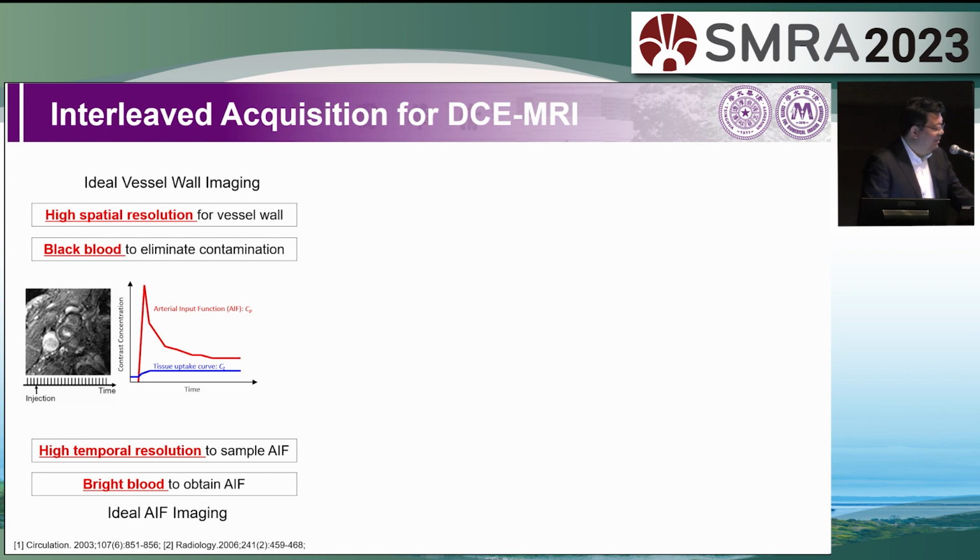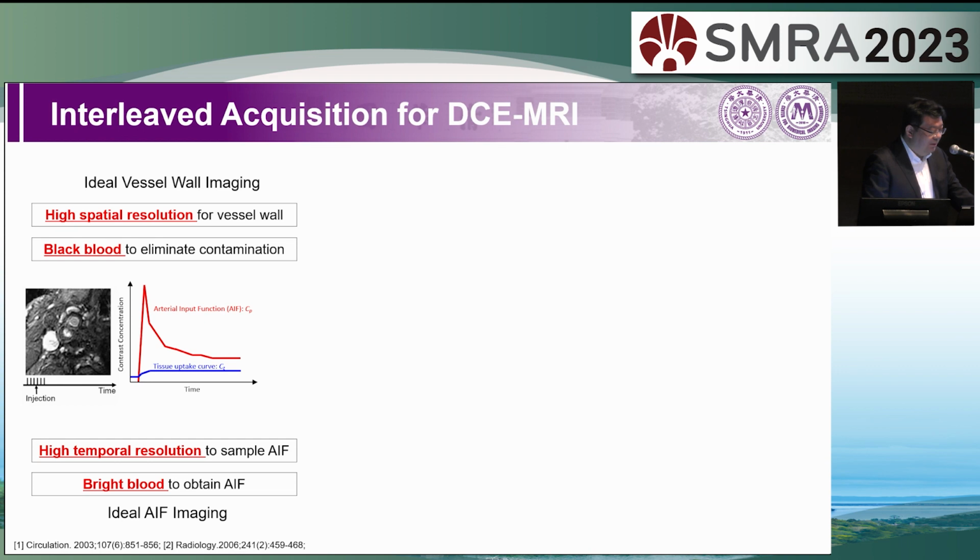So let's see what the problem is. For ideal vessel wall imaging, we need a high spatial resolution for the vessel wall, but the signal change is not that fast, so we don't need high temporal resolution.